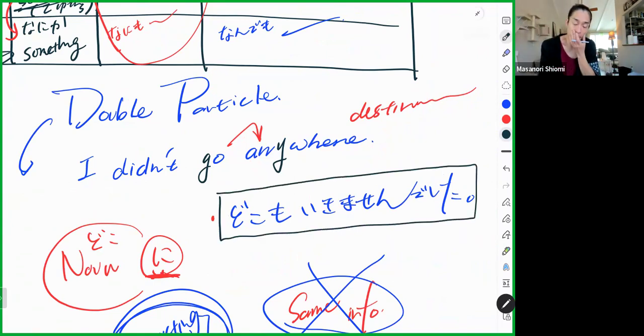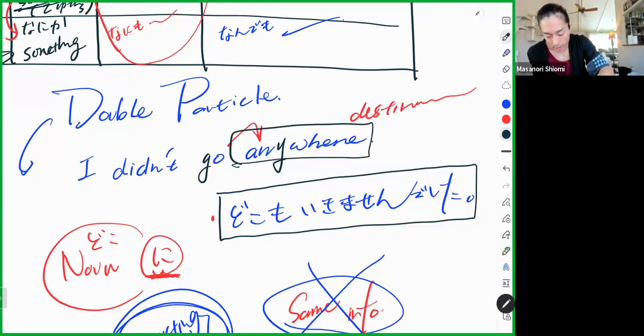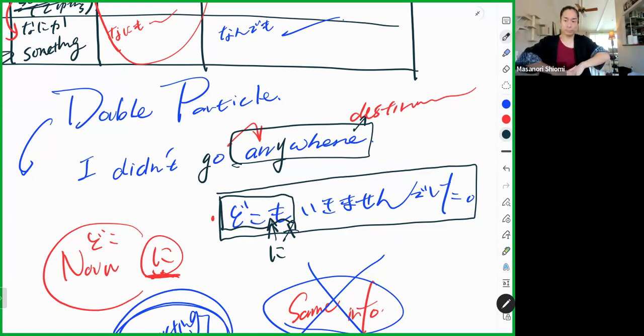And that's fine. But if we want to put, didn't go anywhere, this is the destination, right? So destination particle is ni. Where do we put ni, before or after mo? Again, mo has to be always the second particle. So ni has to be here. どこにも行きませんでした. That makes sense?